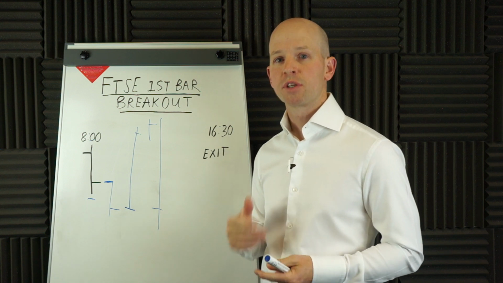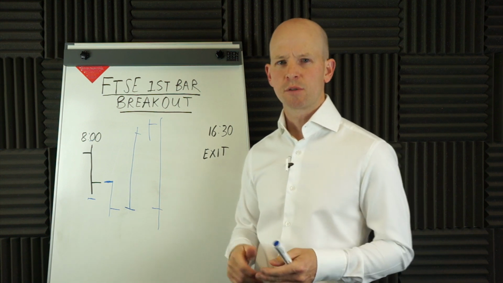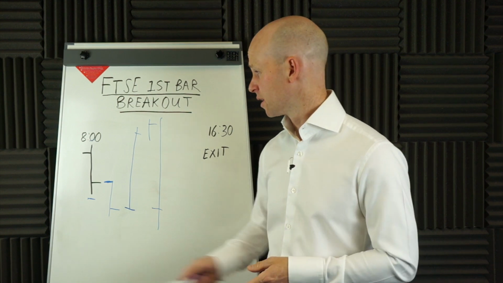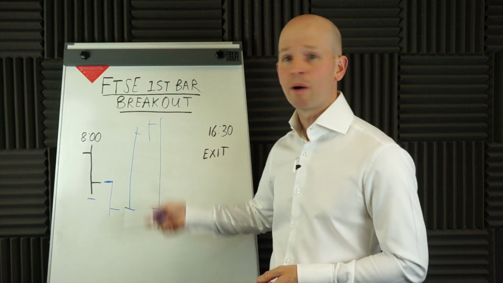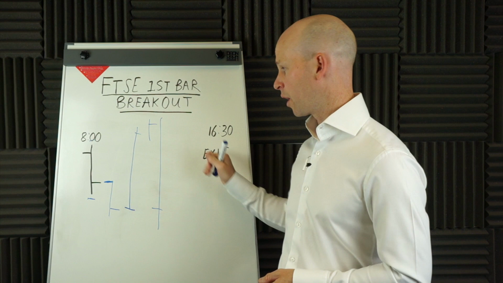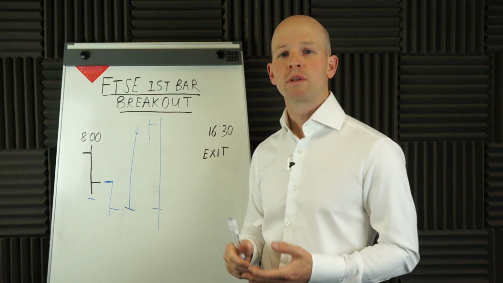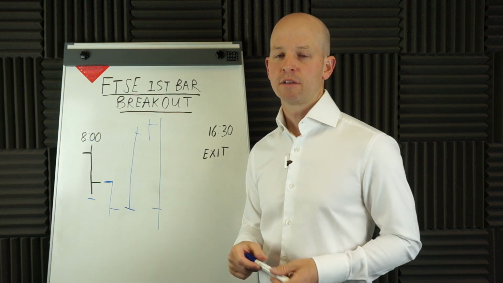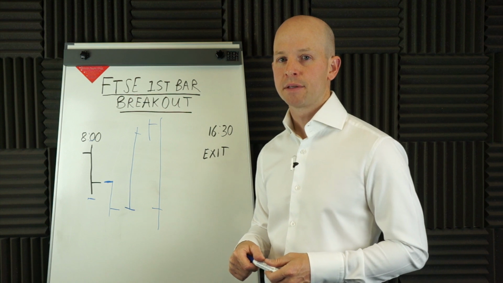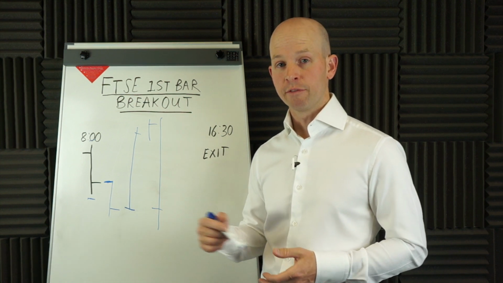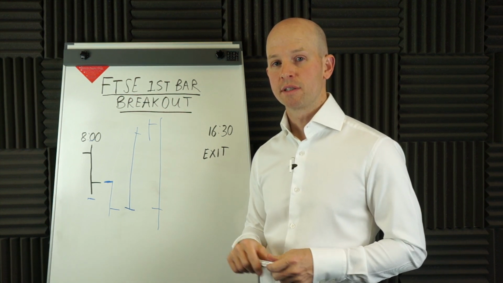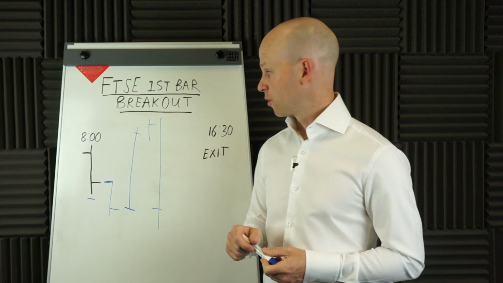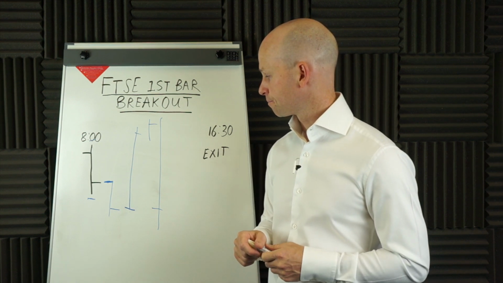So there was a certain amount of volatility in the market, because we don't want to be trading quiet markets, because we can just sort of go up and down, get stopped out, or go nowhere. We want to make sure there's a reasonable amount of volatility in the market. And I've tested all different levels with the average true range volatility filter as well. So those results are quite interesting.